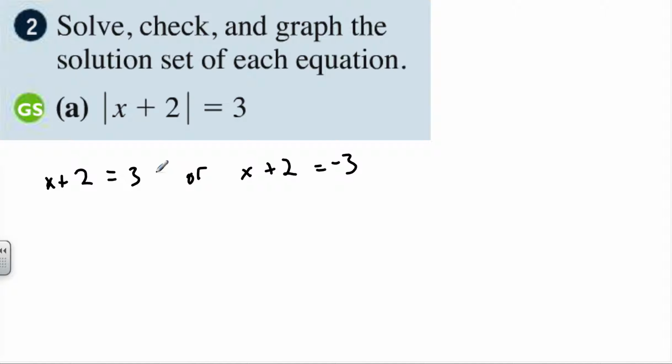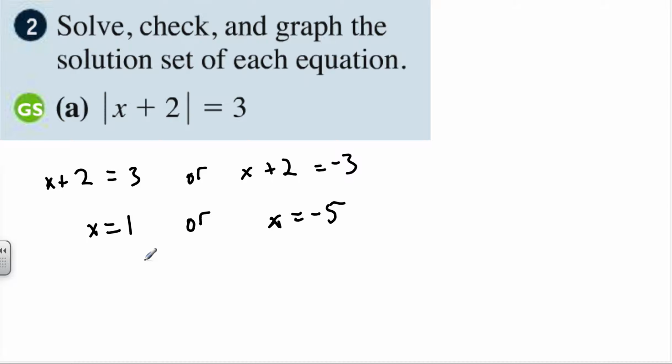If we solve the one on the left, all we changed was the right-hand side, the part outside the absolute value. So we subtract 2 and then x equals 1, or subtract 2, x equals a negative 5.